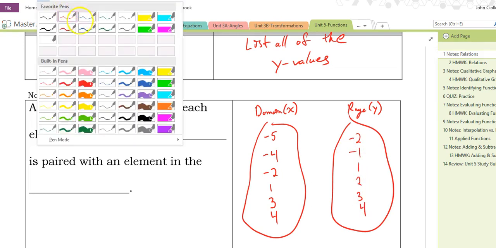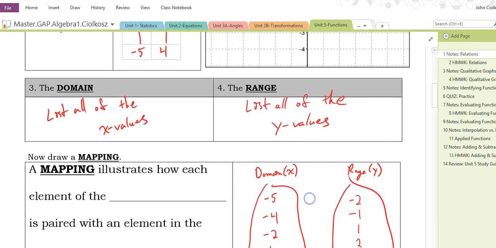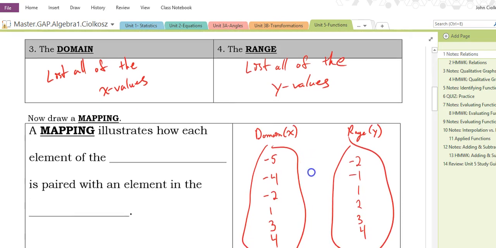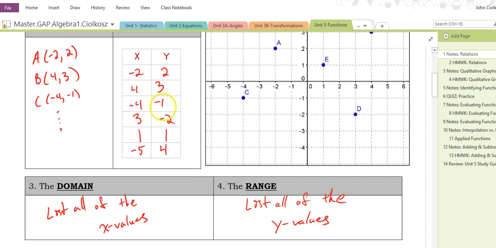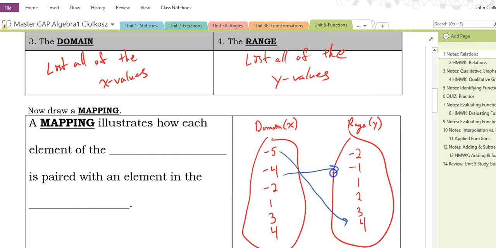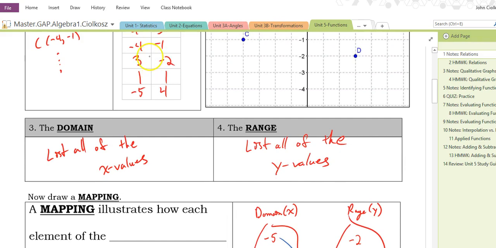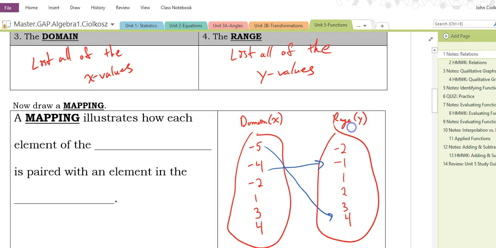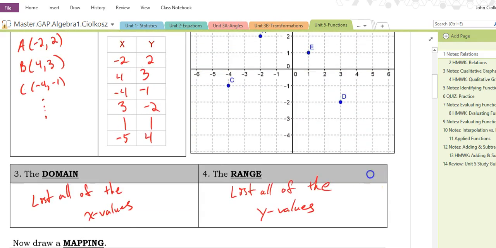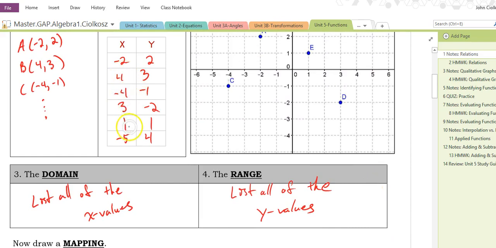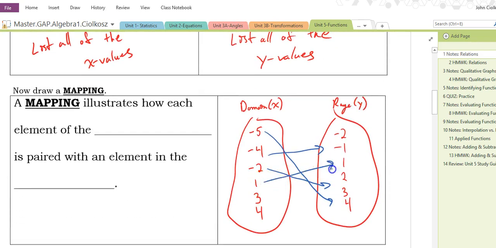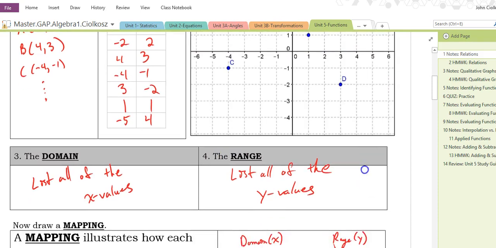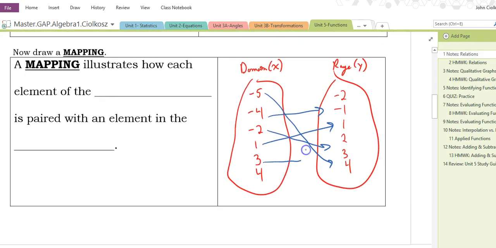And the last step here is just drawing some arrows to see what connects to what. -5 goes to 4. -4 goes with -1. Let's see here. -2 goes to 2. 1 goes to 1. 3 to -2.